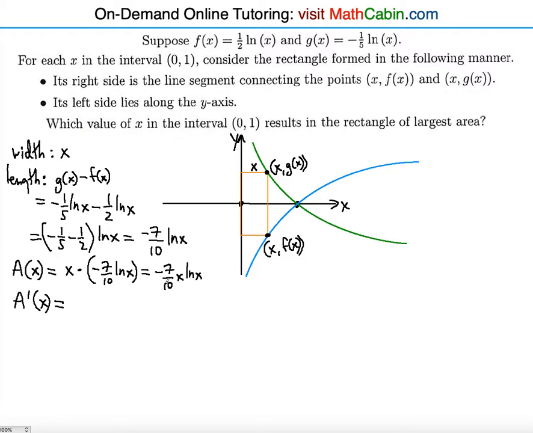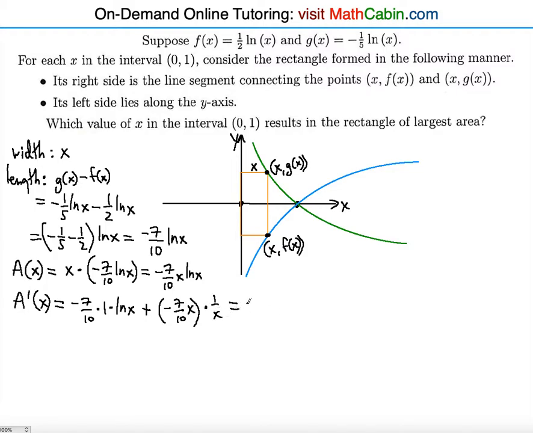Right? So we're using the product rule. First, we're going to differentiate the x. The derivative of the x is simply 1, right? So it's going to be negative 7/10 multiplied by 1 times ln x, right? Because the ln x is the second function which we do not touch using the product rule. And then plus, of course, negative 7/10 x, which is not touched, and now we differentiate ln x, which is going to be 1 over x, right?